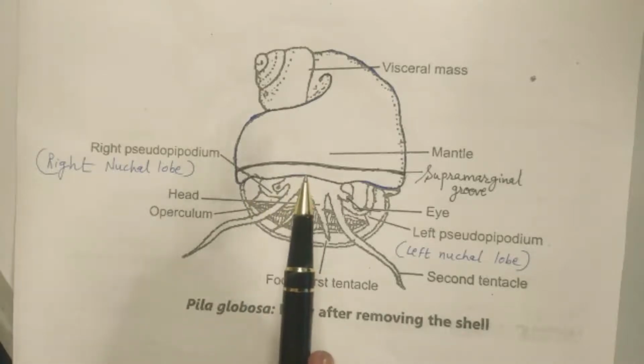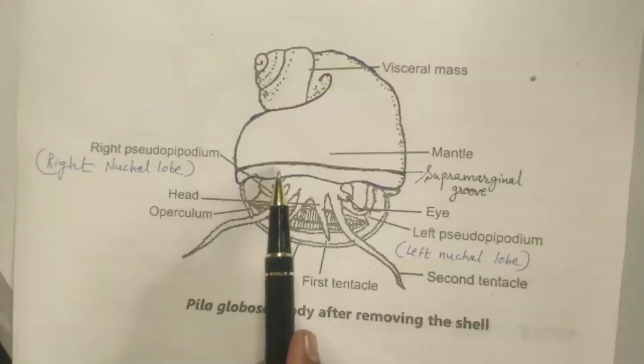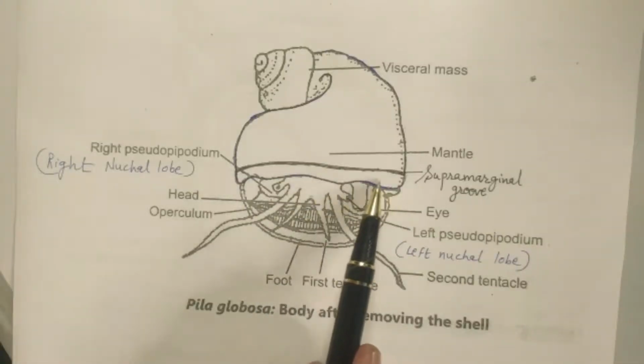Periosteum of the shell. We had already seen the microscopic structure of the shell, in which we studied the periosteum. That periosteum of the shell is secreted by the supramarginal groove. Means a supramarginal groove secretes the periosteum layer of the shell, the outer layer of the shell, and the middle layer, that is ostracum of the shell, is secreted by the shell glands of the edge.